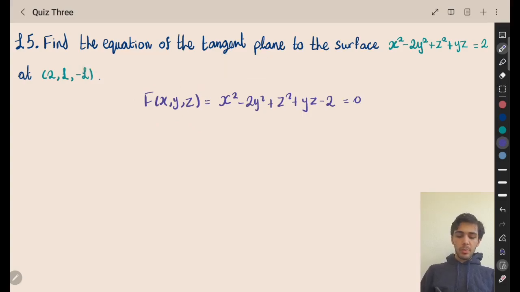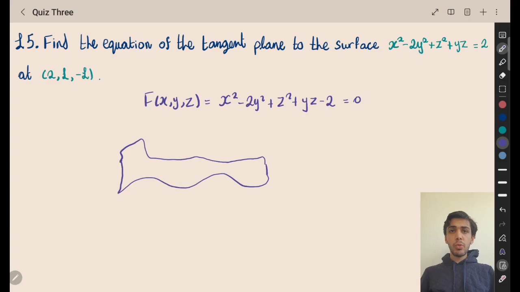And this describes some surface. Some weird surface. We'd like to find the equation of the tangent plane at some point.